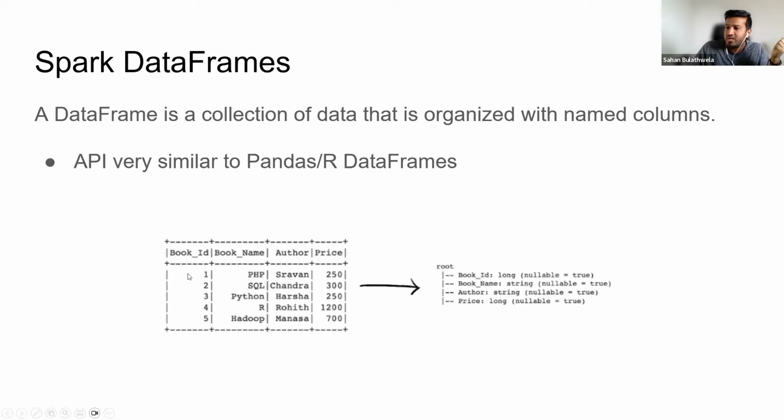So here the main constraint is, although you have terabytes of data, they have a structure that we can exploit. This is very similar to pandas and R data frames, if you have been working with pandas data frames, for example.